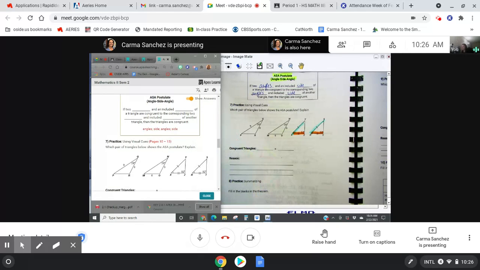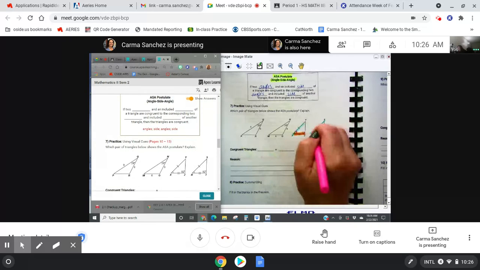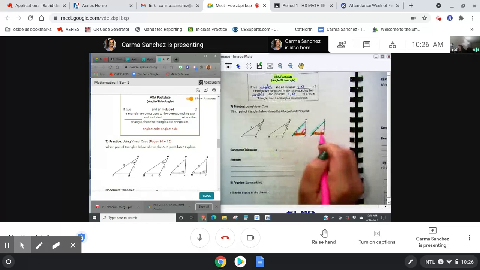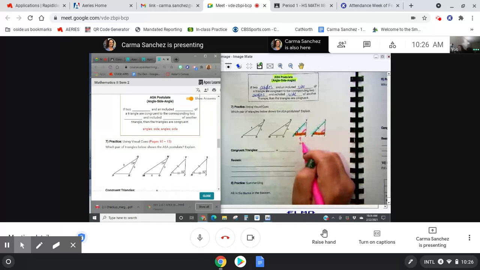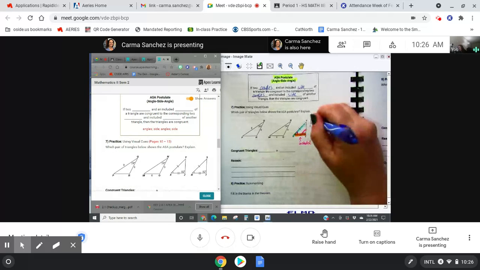So ignore the blue. Here's angle 1. Here's angle 2. And here's the included side. Sorry about the highlighting of the blue side. We don't need that side because we're looking for angle, side, angle.